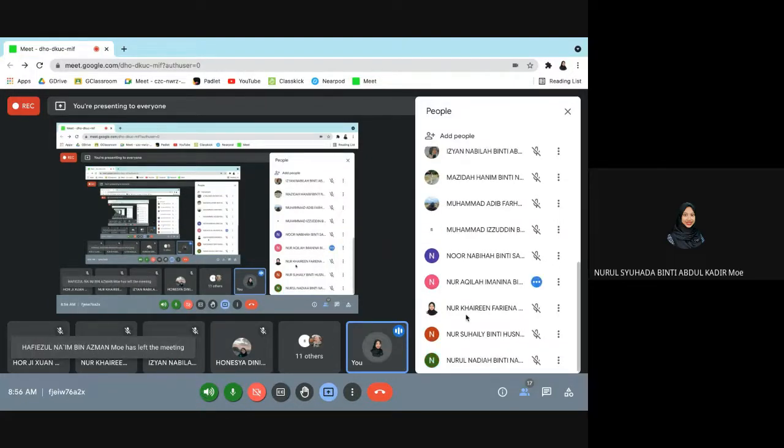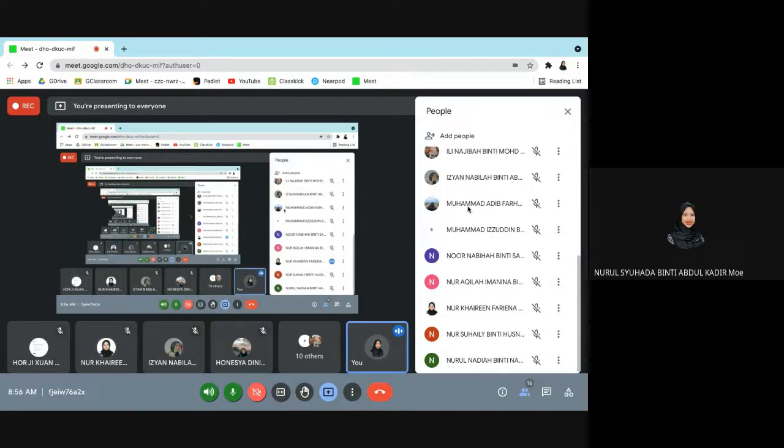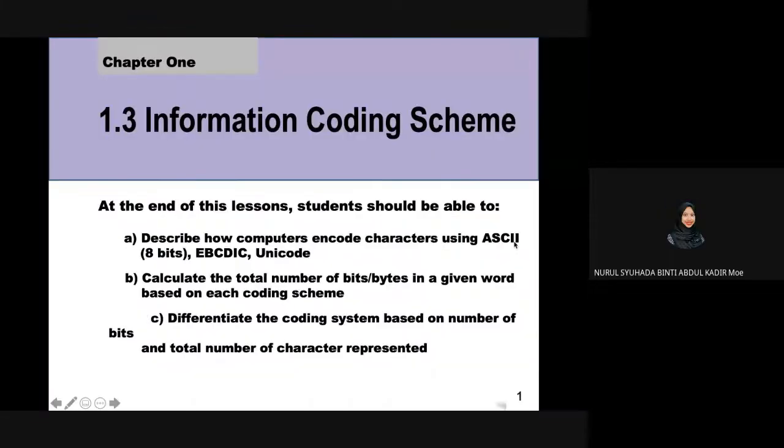Okay, tak apalah. Khairin Farina, berikan saya satu number system that we have learned. Hexadecimal. Alright. Adik, lagi satu. Binary. Nadia, lagi satu. Decimal number. Okay. Thank you Nadia and Nabihaya.